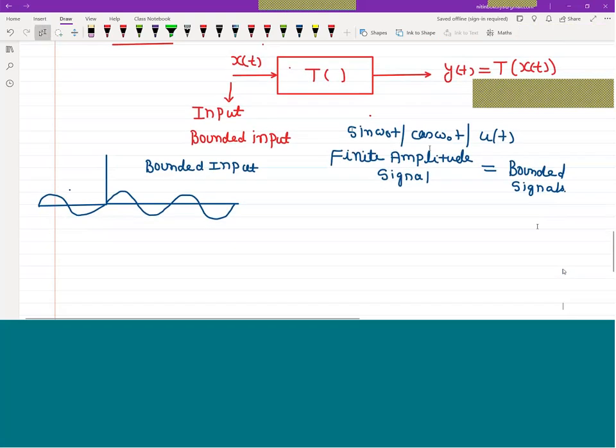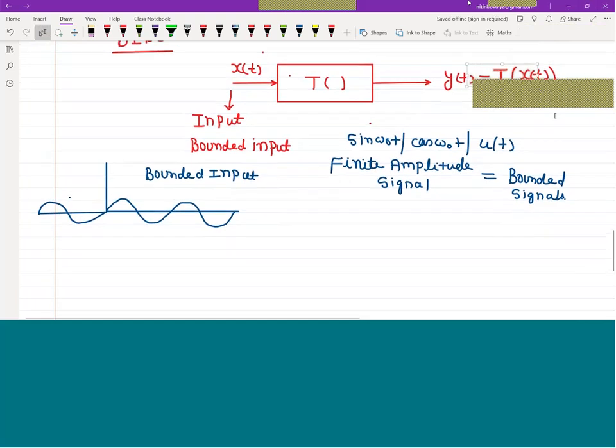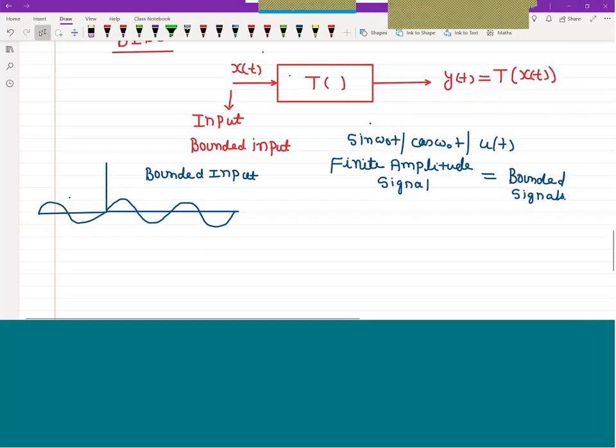If the output is also bounded, then we can say the system is a stable system.